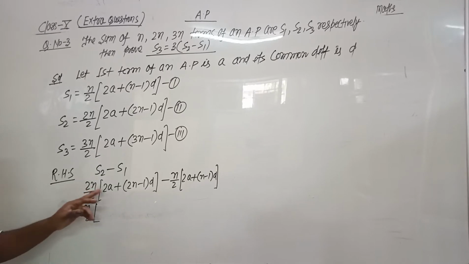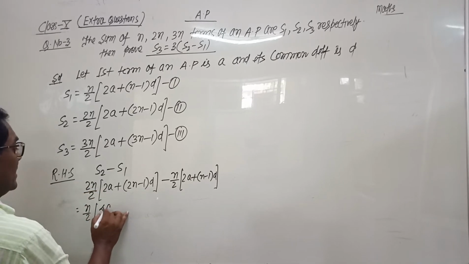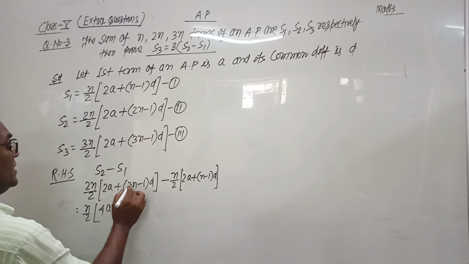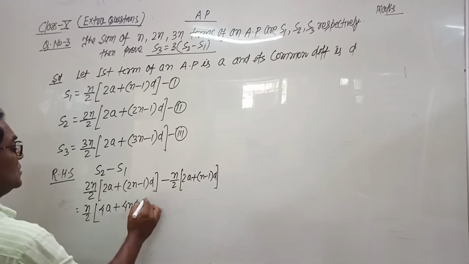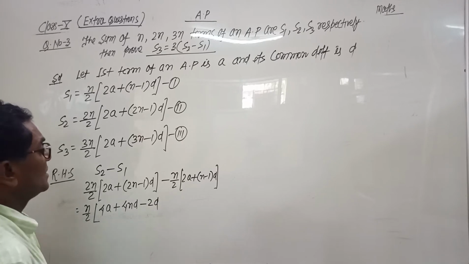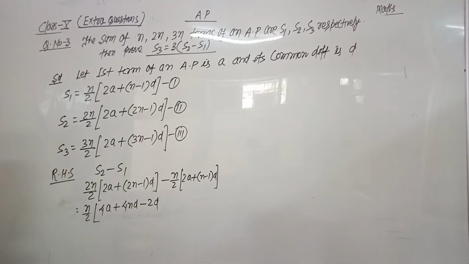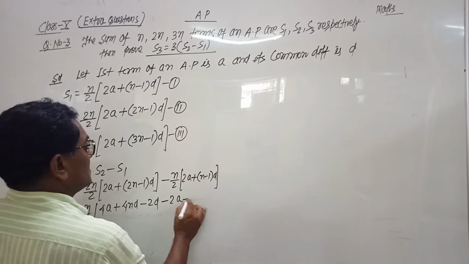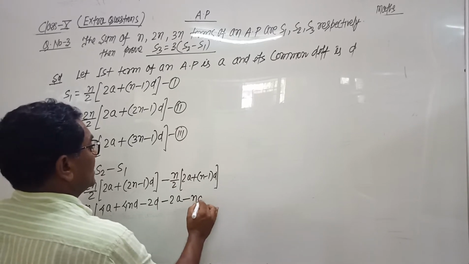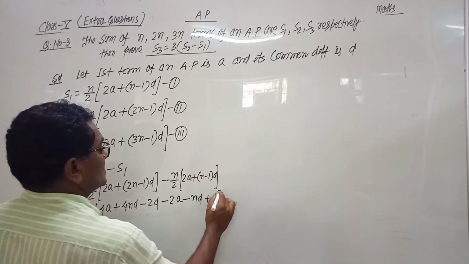So it comes 2 into 2, 4a plus 2 into 2n, 4nb minus 2 into 1, 2b, minus of 2a, minus of nb, and minus minus plus of b.